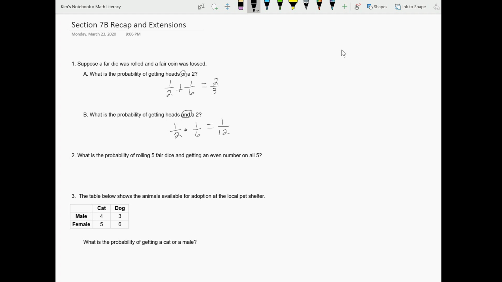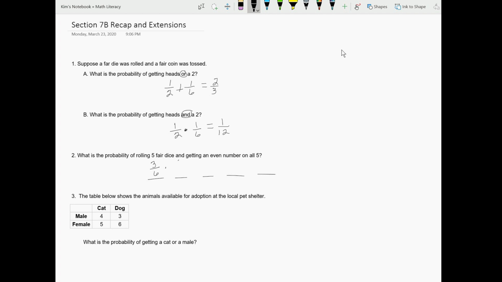Problem number 2, what is the probability of rolling 5 fair dice and getting an even number on all 5? So I'm rolling the die 5 times. If you want to think about it as 1, 2, 3, 4, 5 different things that I'm doing and the probability of each of those. When I roll that first die, what is the probability that I get an even number? Well, 3 of the 6 are even numbers.